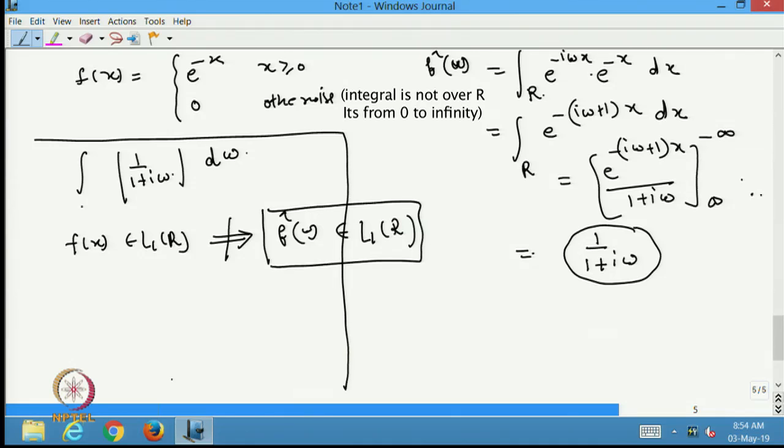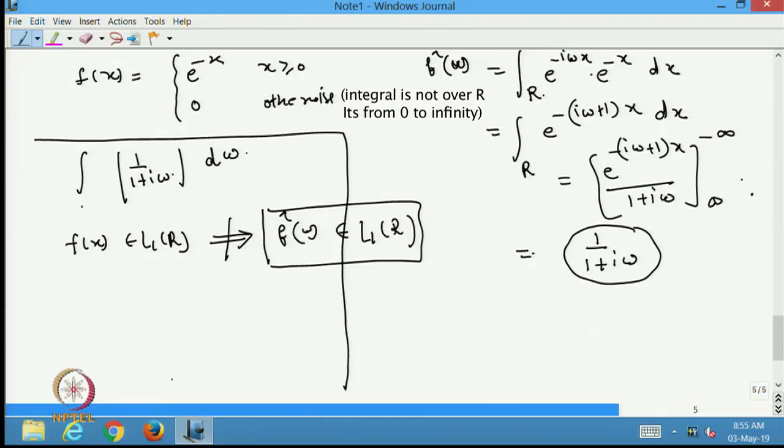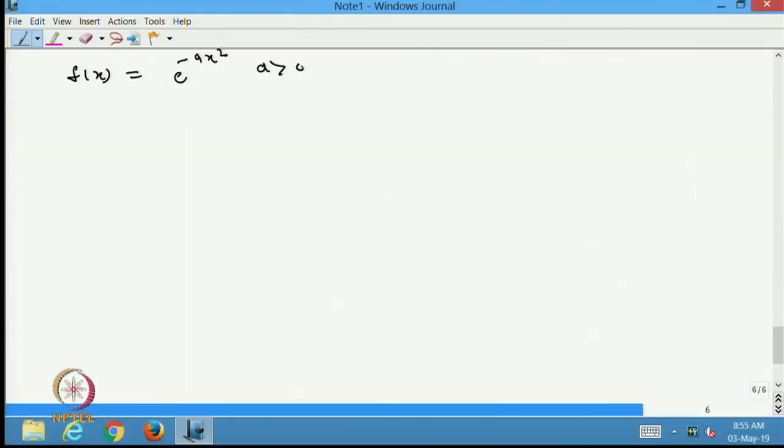So, now we are looking at the Fourier transform of another function, which all of you must have seen earlier, and that function is called a Gaussian function. We are defining the Fourier transform of this function.